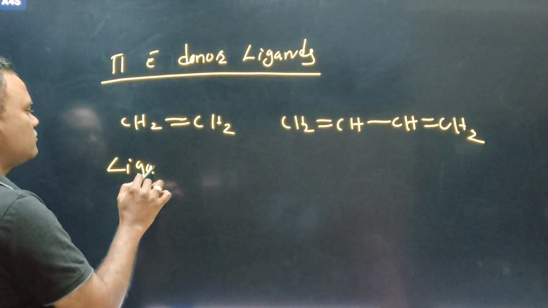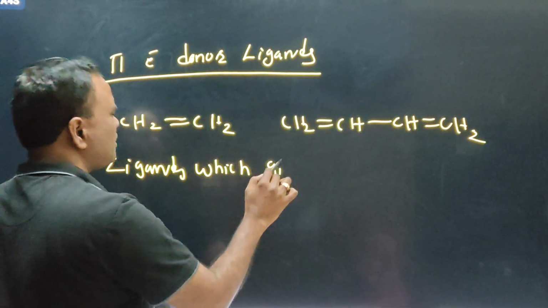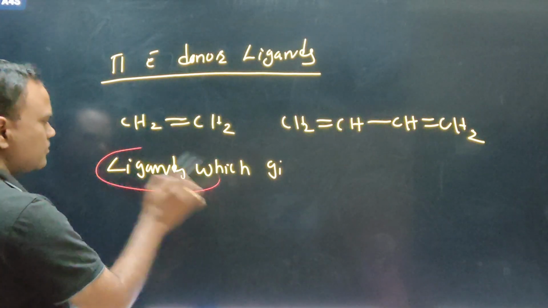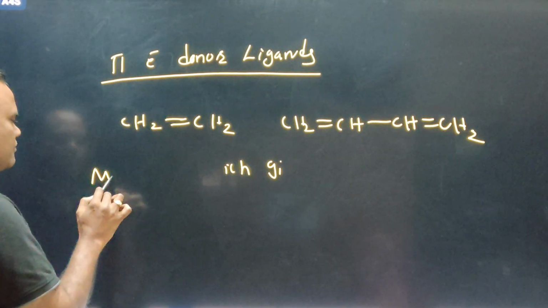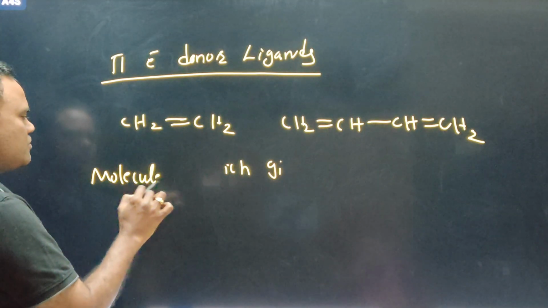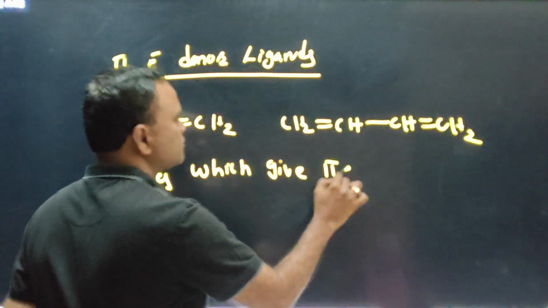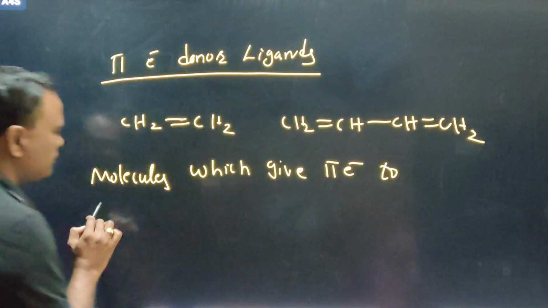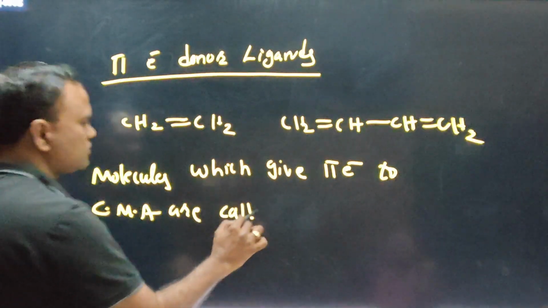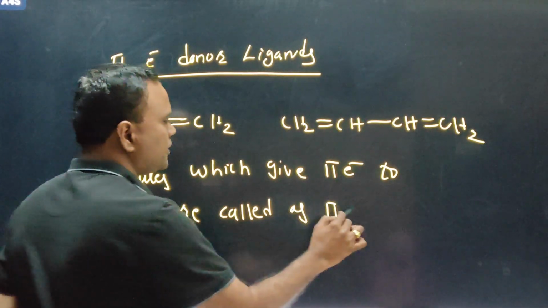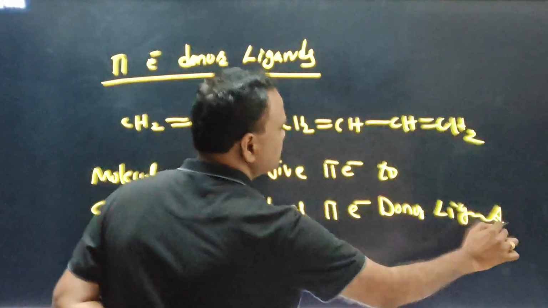Ligands which give are actually not ligands, molecules. This is the correct word. Molecules which give pi electrons to CMA, the central metal atom, are called pi electron donor ligands.